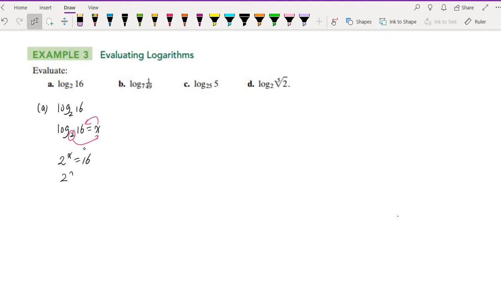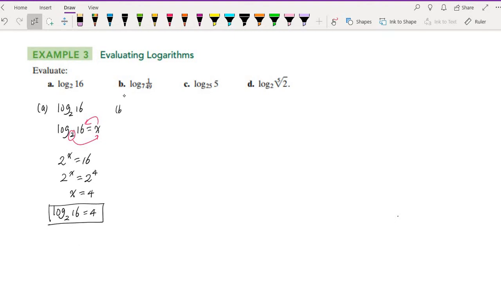Then I have to think, can I rewrite 16 as 2 to the what power? You realize 2 to the 4th power gives you 16. So I compare those, which means x is equal to 4. So I can conclude log base 2 of 16 is equal to 4.